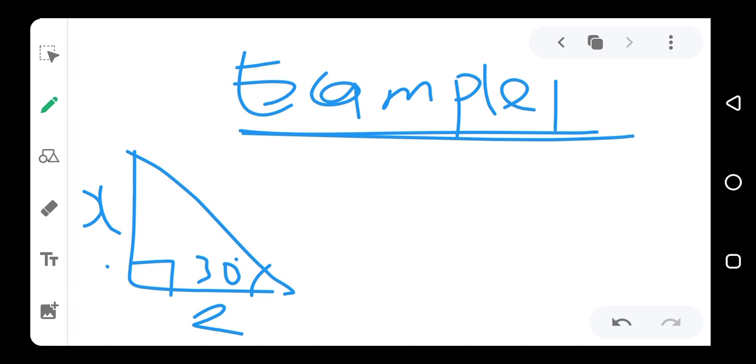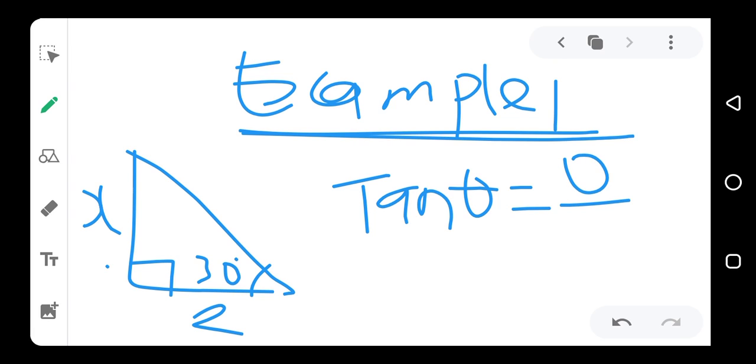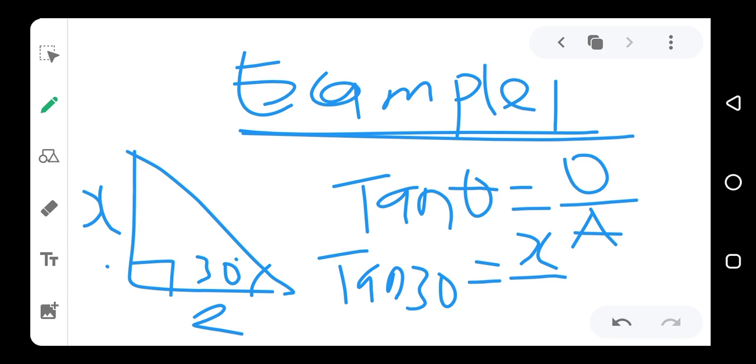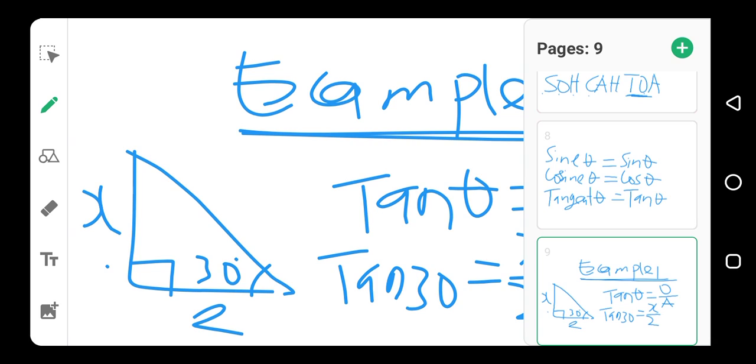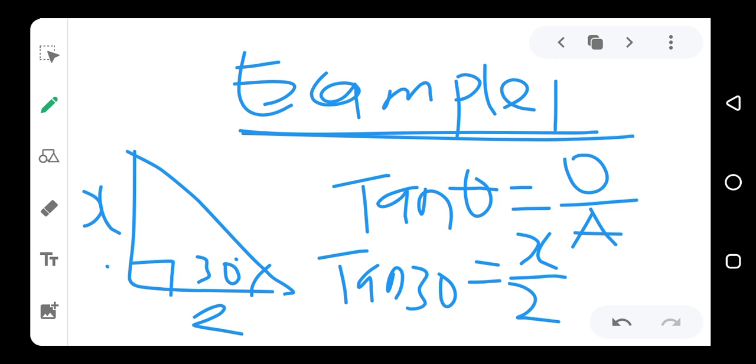So we now see that tan theta is equal to opposite over adjacent, which means that tan of the angle given to us, 30, is equal to opposite, which is x, over adjacent, which is 2. Now we can take the 2 to this side.